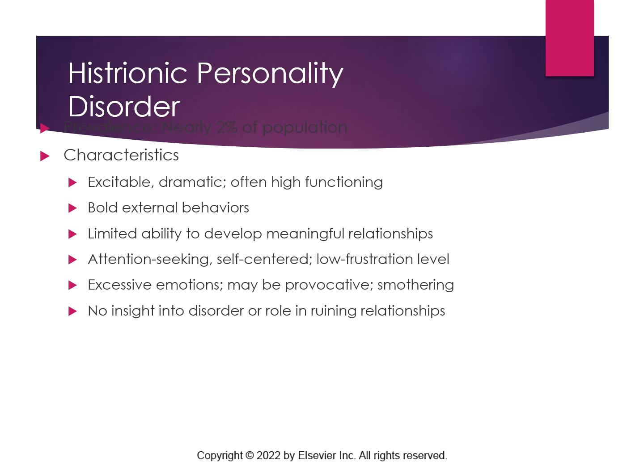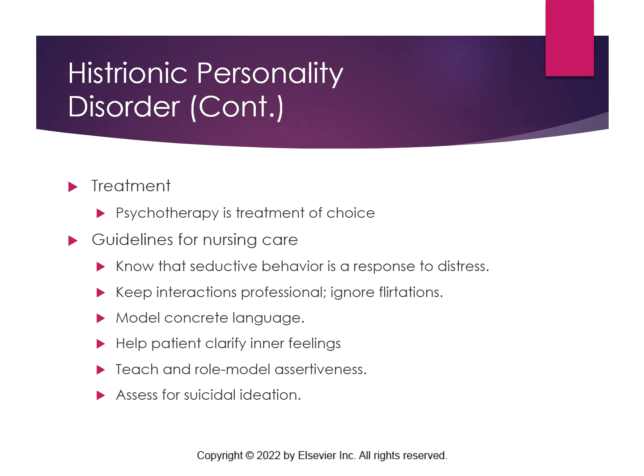They may be provocative, they may be smothering to others. There is no insight into the disorder or their role in ruining relationships. So they have no insight into that or why that occurs. And the treatment is usually psychotherapy. That's a treatment of choice.